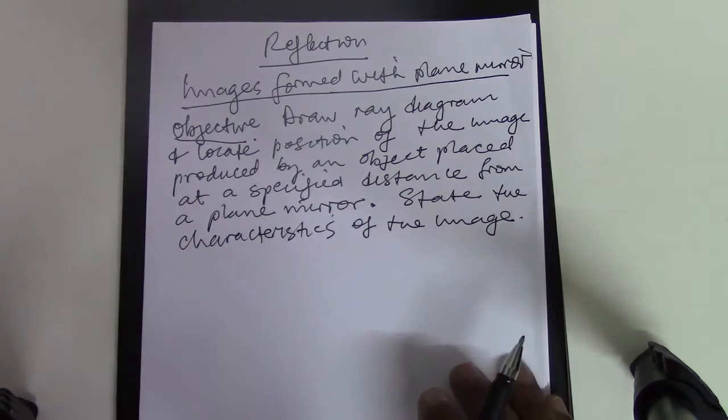Two things: you must be able to draw a ray diagram to locate the image position for an object at a specified distance from the mirror, and you must also characterize the image.